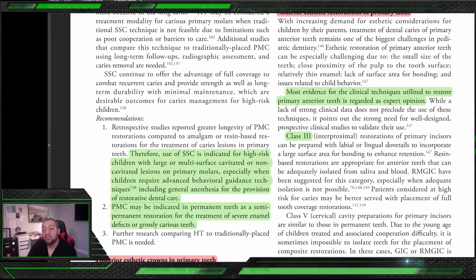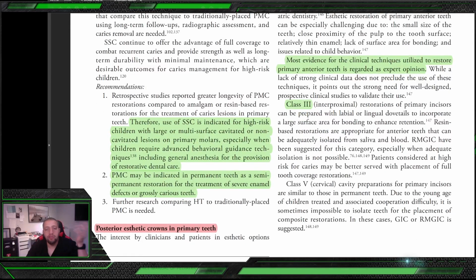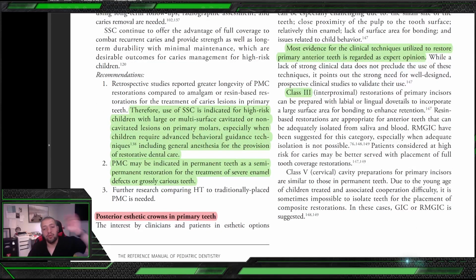But if he's too young, like 4 years old, and there's a huge cavity affecting the upper anterior, then you should go for this one. But again, it's clinical judgment. You should use your judgment about the tooth. It's not about saying we're going to use this one for this one, okay?